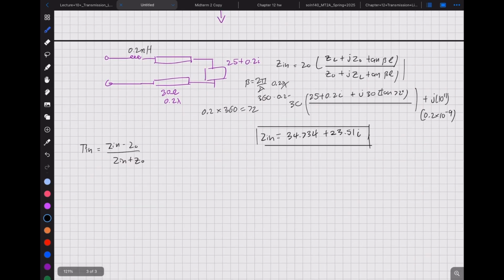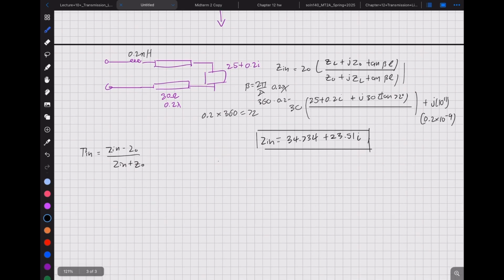So what we're essentially doing is connecting this little 50 ohm source. So we have our circuit, our load, transmission line, our load, another transmission line, and this is 50 ohm. And as shown in the diagram, our Zin is this whole thing.